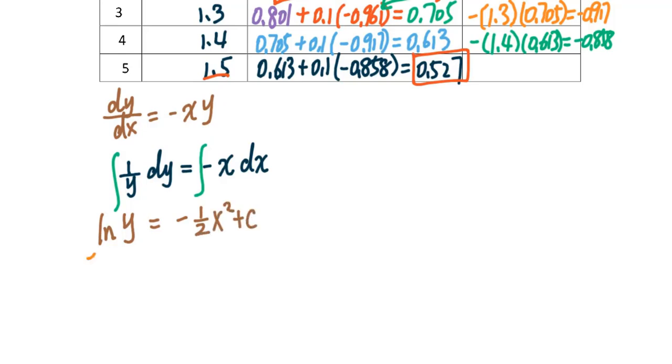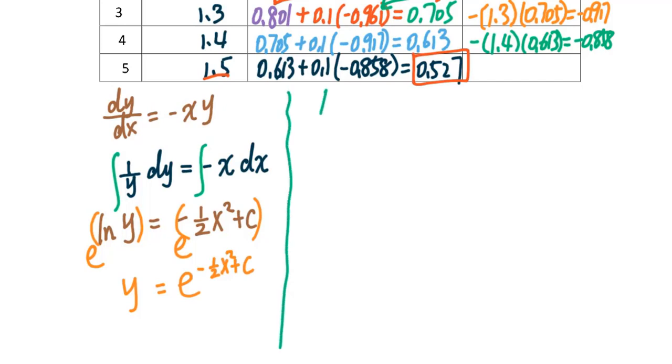Both sides, we make e as the base. Then you will get y equals e to the negative 1/2 x squared plus c. We will make a equals e to the c power. Therefore, we can write down y equals a times e to the negative 1/2 x squared power.